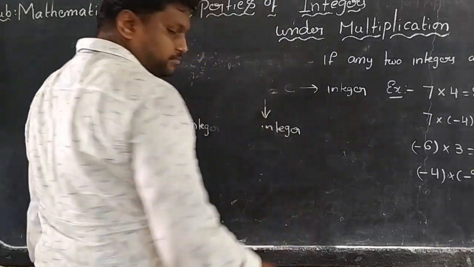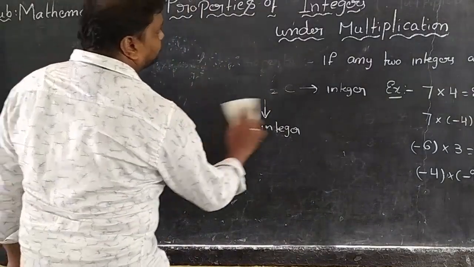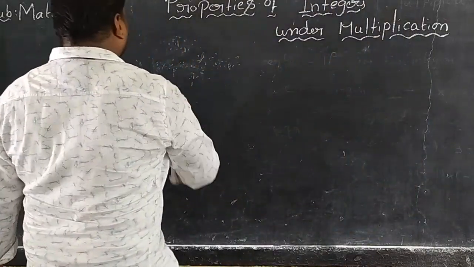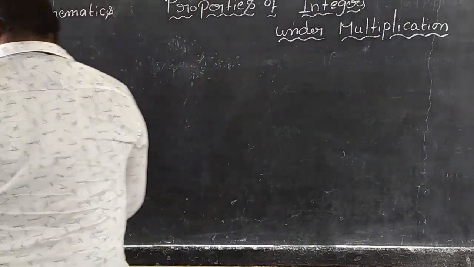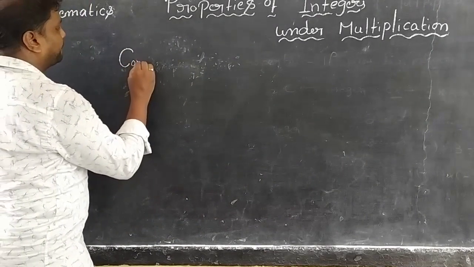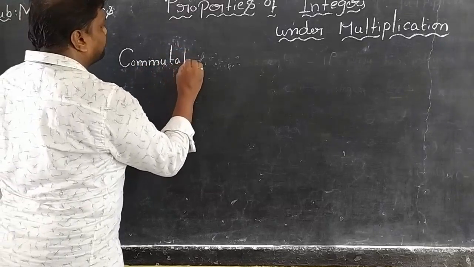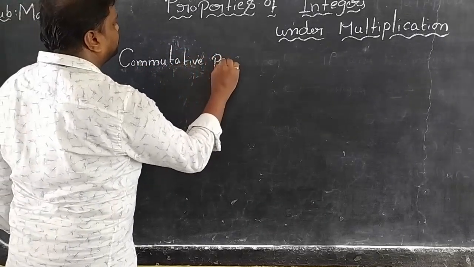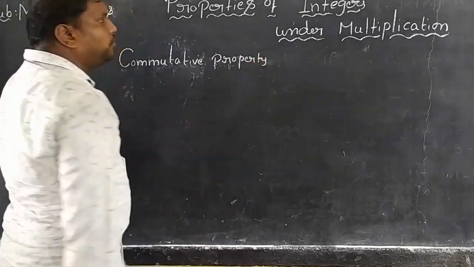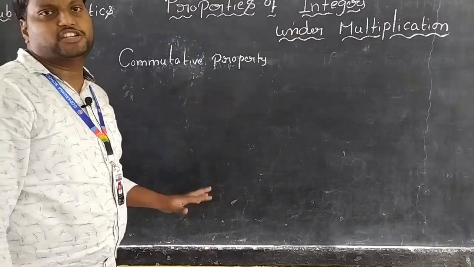Next, commutative property. Now we are discussing all these properties under the multiplication operation only.